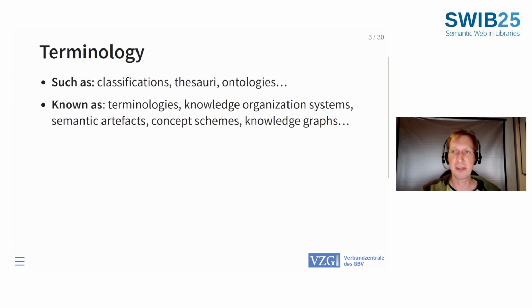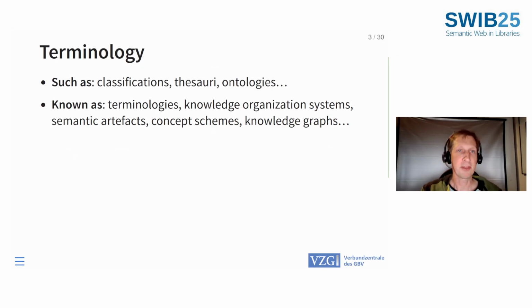Sure, there are differences in detail, but we wanted tools to combine them or to work with all of them, and so we put them all in one bag. So I will refer to them as terminologies or knowledge organization systems. And the details are not relevant at this point in time.